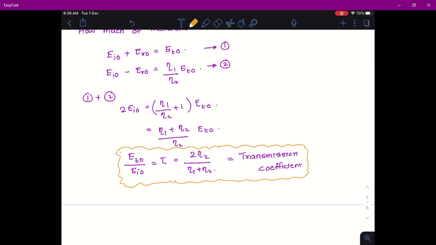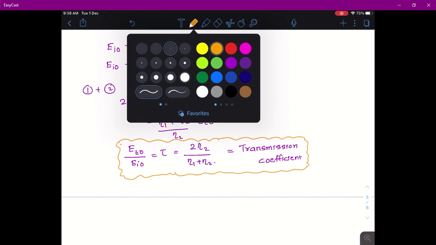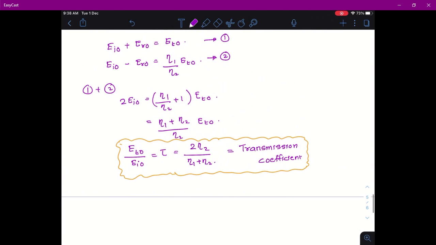Okay, and let's do a manipulation in which we are trying to find out the ratio of ER0 by EI0, which will give you the amount of reflection which has happened.